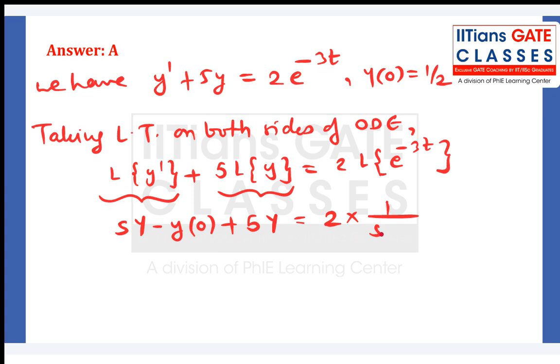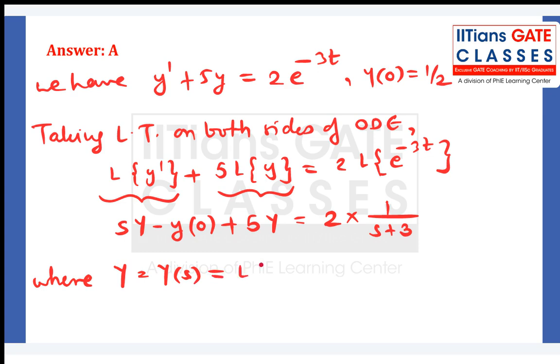No, it is e to the power minus a t gives 1 by s plus a. So therefore this will be minus of minus 3, so that will be plus 3. Yes, this is correct.